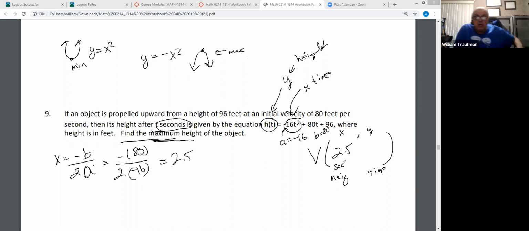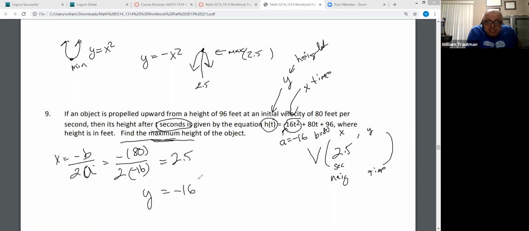That's the highest part. At this value right here, the x value is 2.5. You see, that's the x value of the vertex. Now we want to find the y value, how high it goes. What is the max height? Well, the y value is the height.